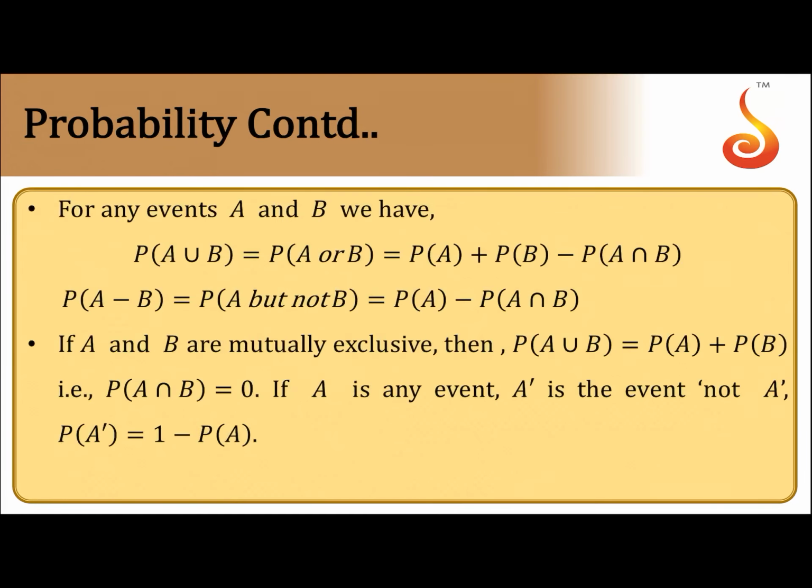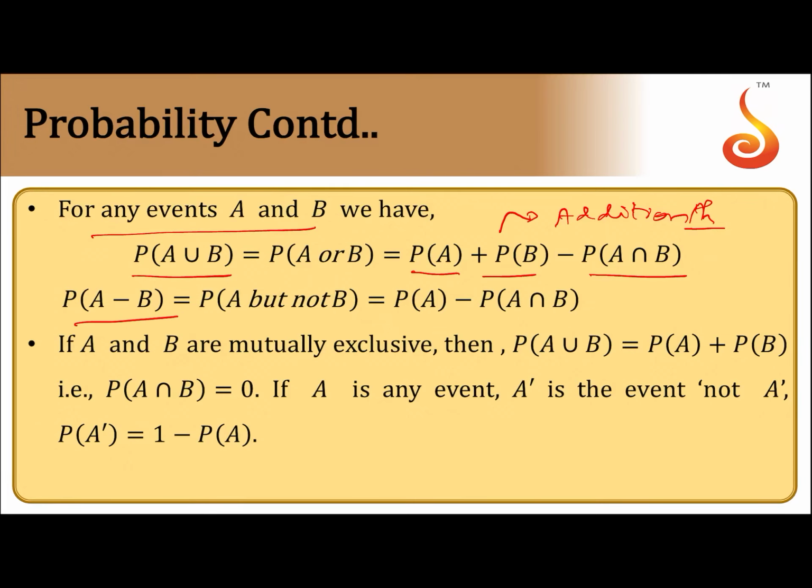If A, B are any two events, then the probability of A union B is given by probability of A plus probability of B minus probability of A intersection B. This is called the addition theorem on probability.